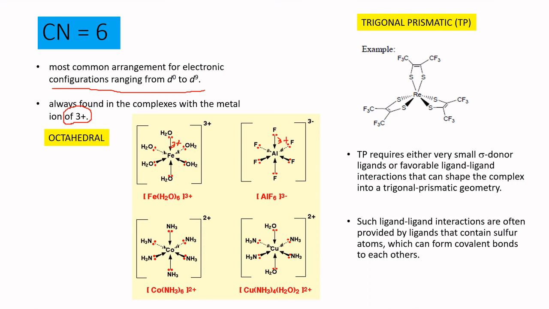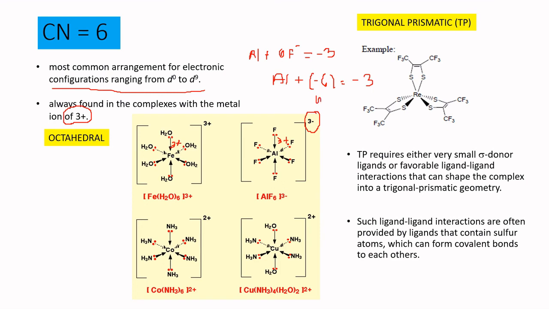Why is it 3+? Because if you want to know the oxidation state of aluminium, you add 6 fluorides, which equals the charge outside of the bracket, which is -3. So aluminium plus 6 minus, because F is 1 minus, equals -3.